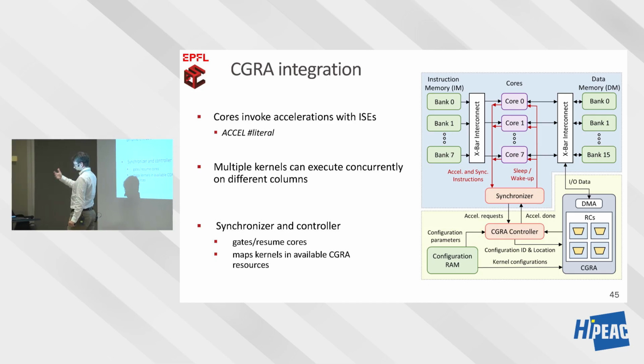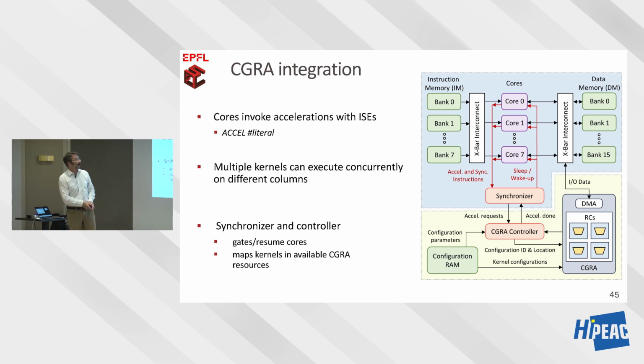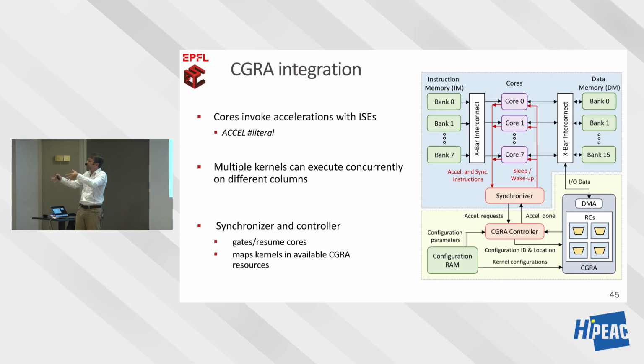Processors can issue an acceleration request by using, again, an instruction set extension, which is just accelerate plus the ID of what I want to accelerate. By doing that, the configuration will be loaded into a column or a set of columns, depending on the complexity of the loop that we want to map.